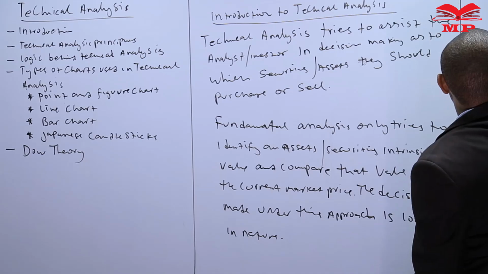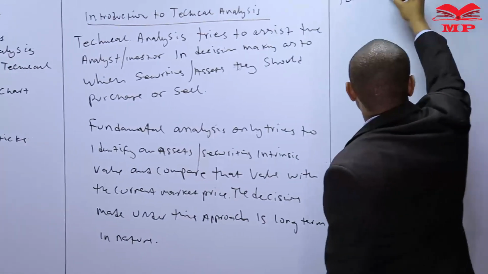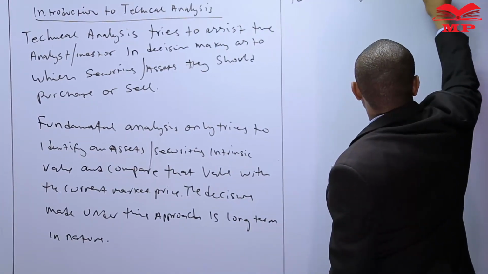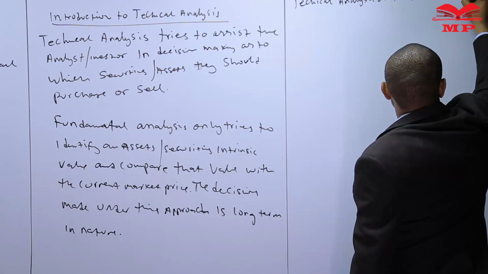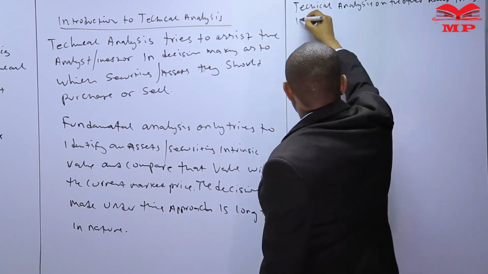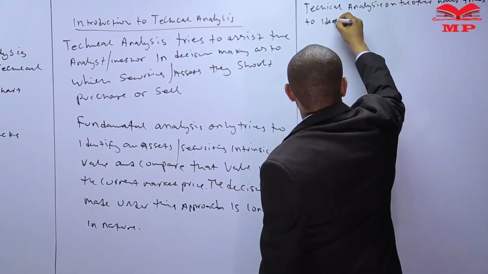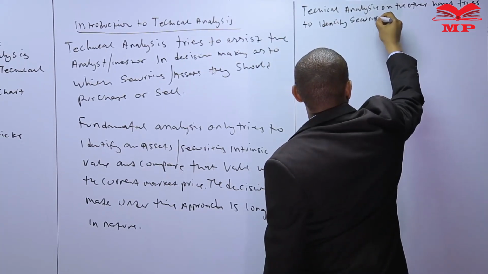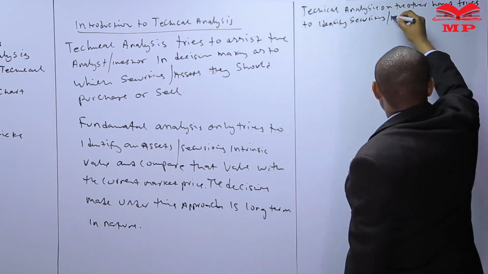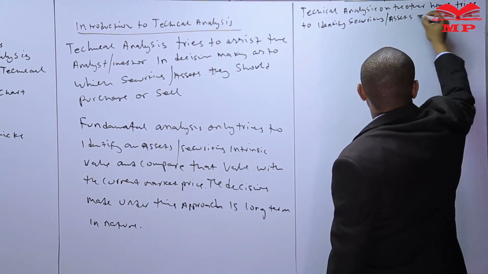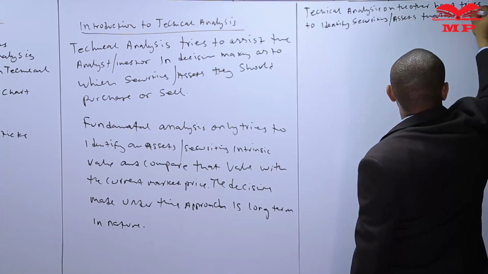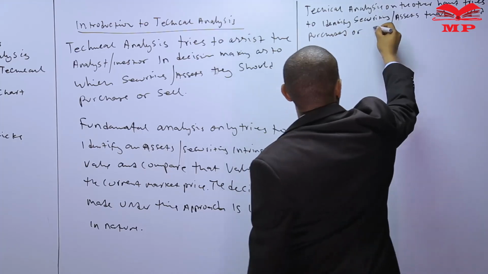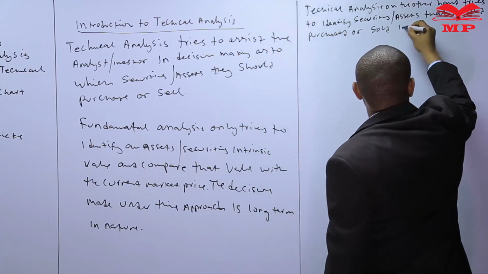Technical analysis, on the other hand, tries to identify securities, stroke assets, that should be purchased or sold in the short term.